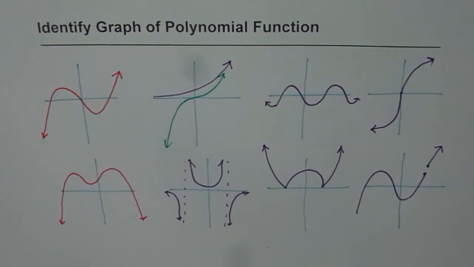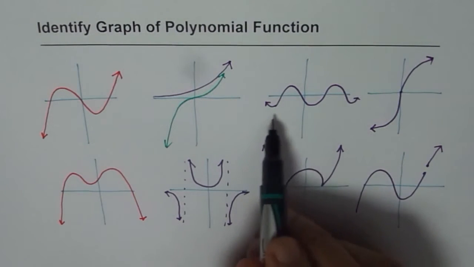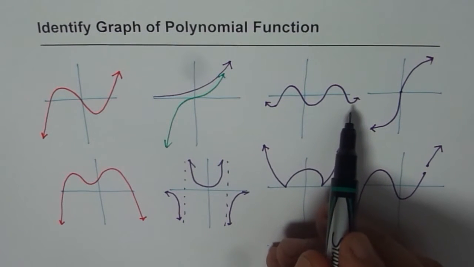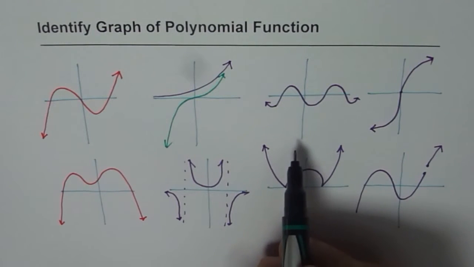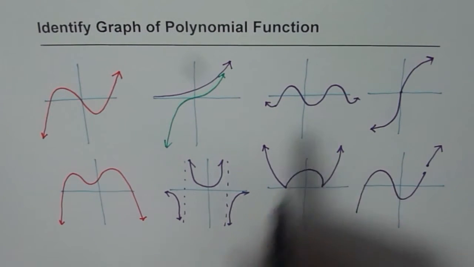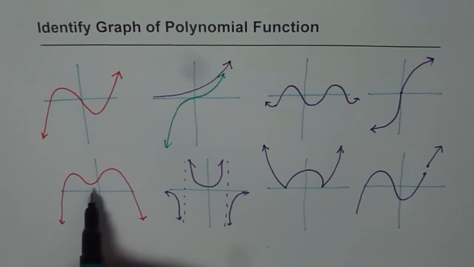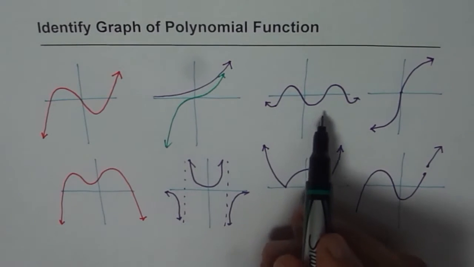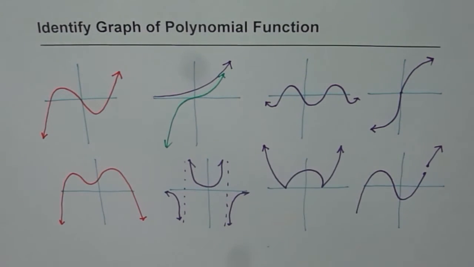That is the reason. In this case, why is this not a polynomial? It's a very smooth curve, but it's not a polynomial since the range is limited from both the sides. You can have a polynomial with range limited from one side, an even degree polynomial. But this one, range is restricted between two values. Well, that is not a characteristic of a polynomial.